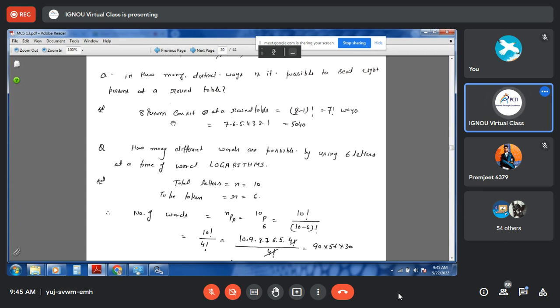Why is there not? Can someone tell me why we have not divided by 2? Because all people are different. Yes, flowers are different, but all persons are the same. All are men. They are the same. That is the difference.